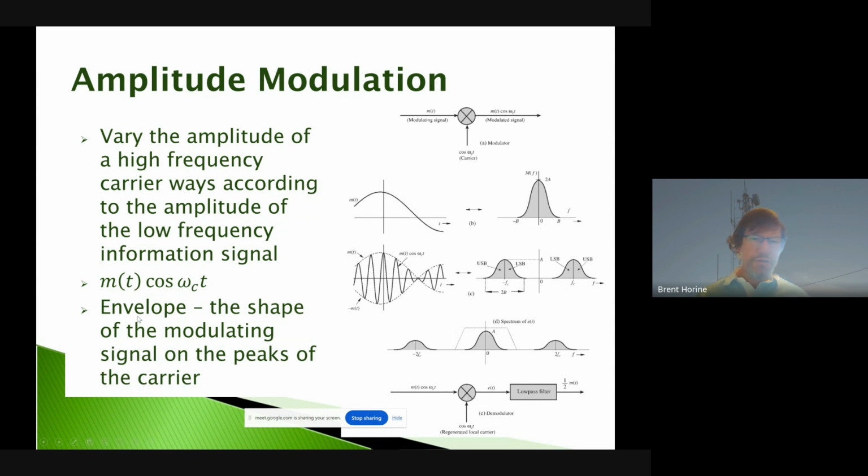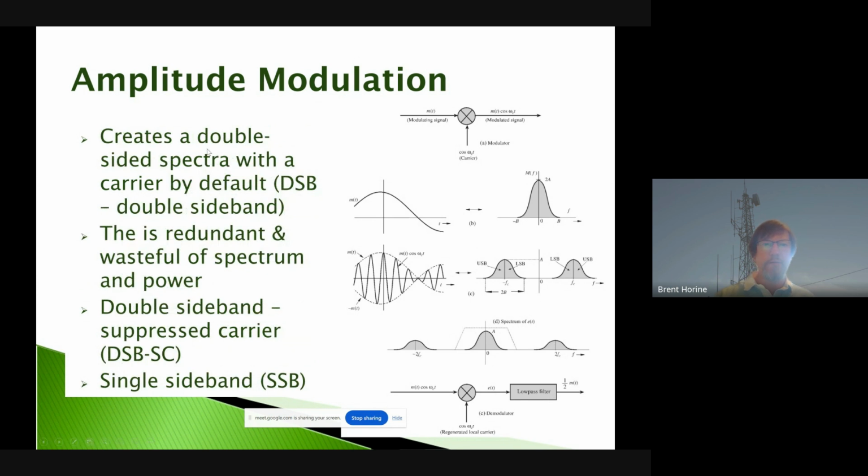So I'm using this term envelope. It's the shape of the modulating signal on the peaks of the carrier, right? Now when we look at this, well, this is more for the reception, so let me defer on that for a moment. This creates a double-sided spectrum with a carrier by default, or DSB, double sideband.